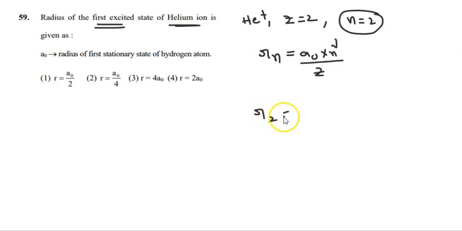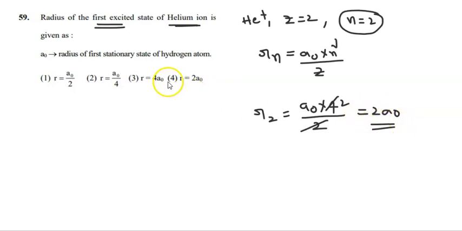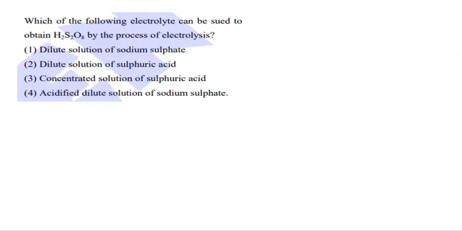So R2 is equal to A0 into 2 square, 4, by the value of Z for helium, which is 2. So it will cancel, and it will be equal to 2A0. It is option 4. 2A0 is the first excited state radius for the helium ion. So option 4 is the correct answer for this question.